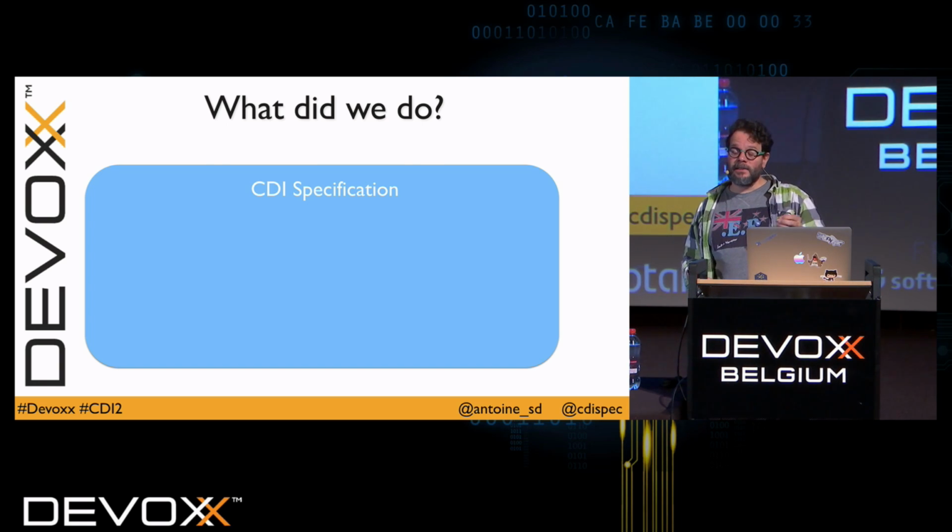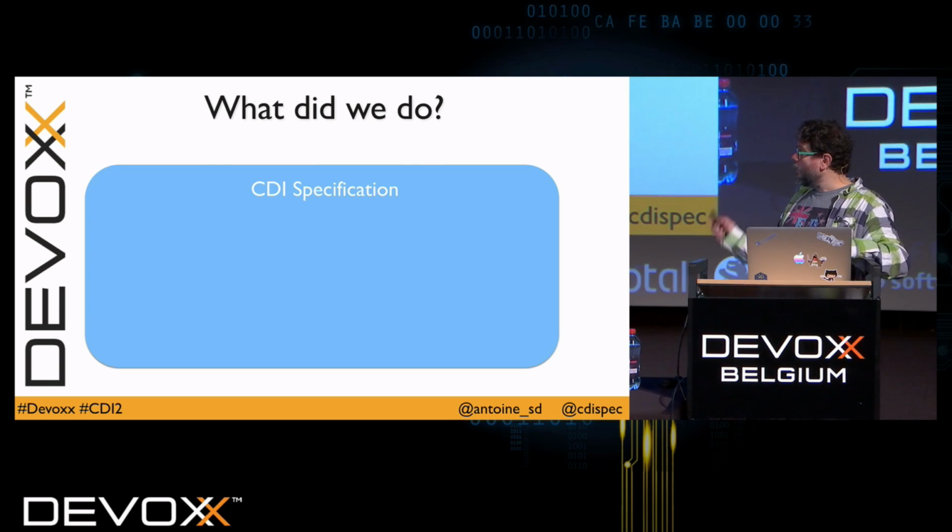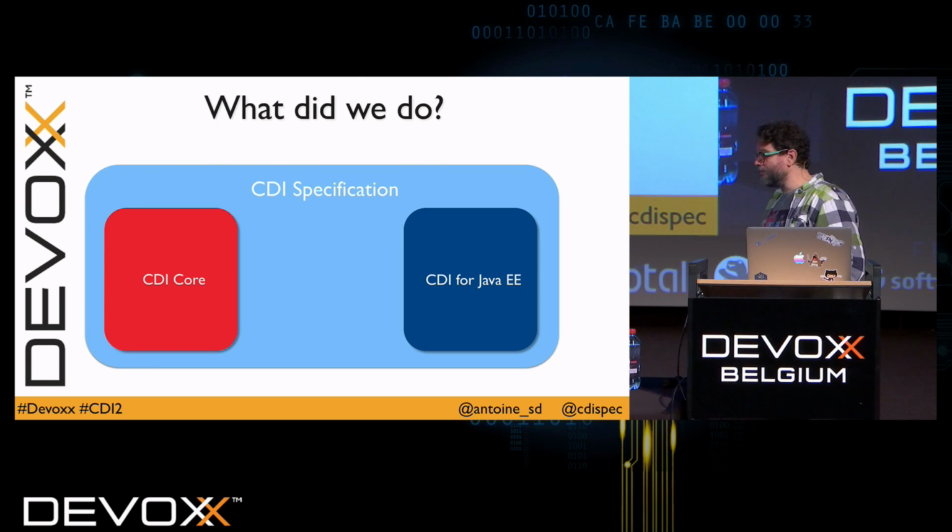The first step was not very fancy, but important. It was to work on the spec. The CDI 1.2 specification was a monolithic thing. We had to modularize it. So we created a CDI core part, and we created a CDI for Java EE part.